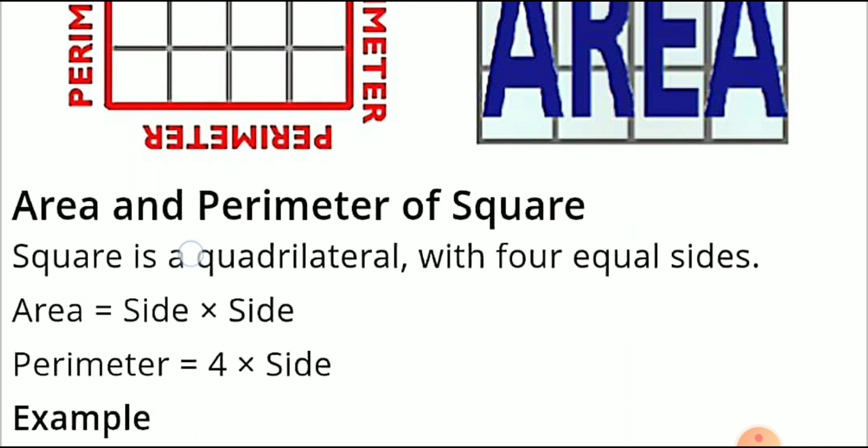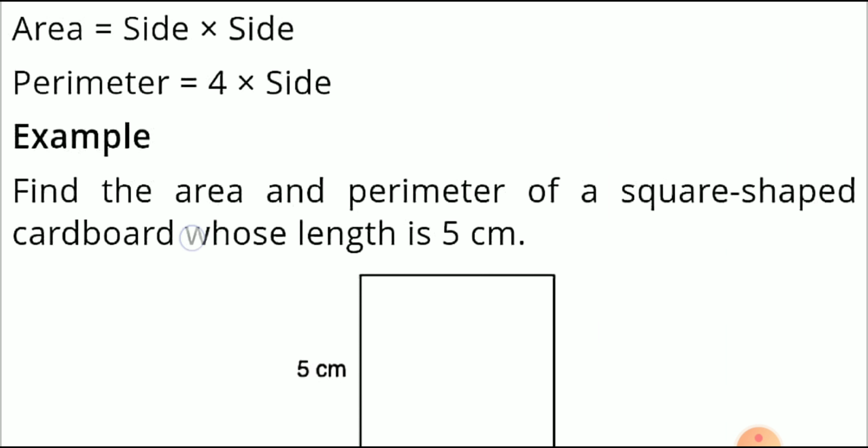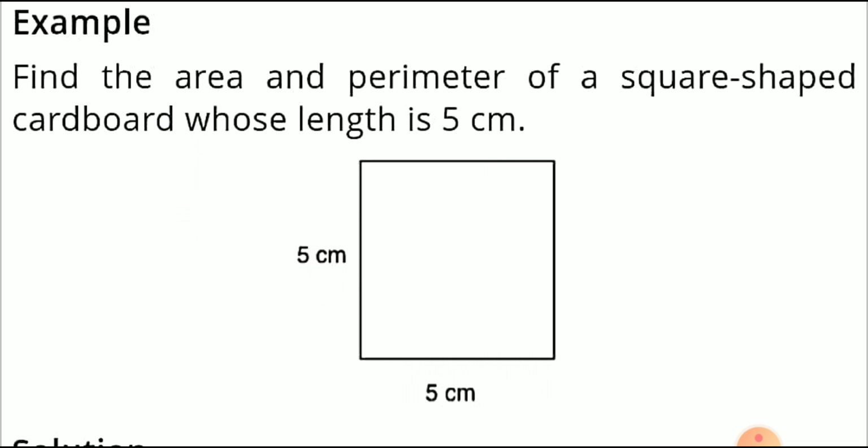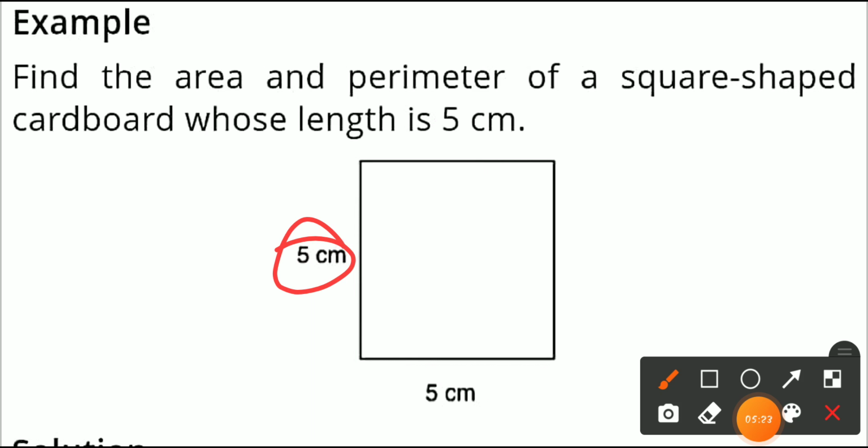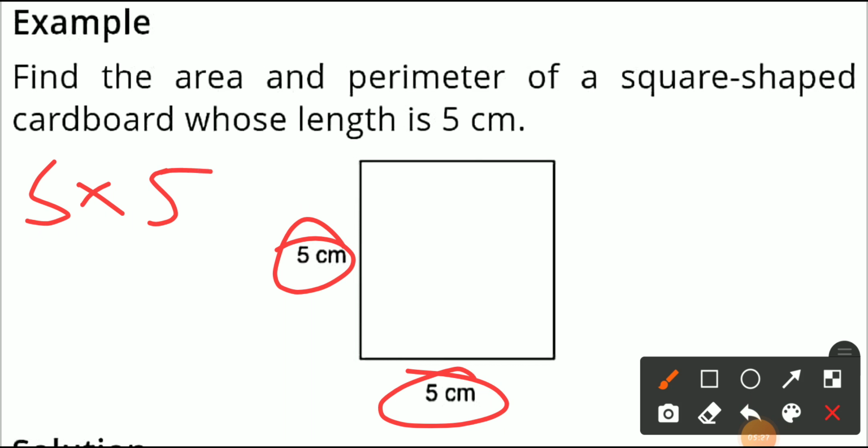Now next, we will take one example. Find the area and perimeter of a square-shaped cardboard whose side is 5 centimeter. Here we need to calculate the area and the perimeter. To calculate the area, we will multiply side with side: 5 into 5, which equals 25 square centimeter.